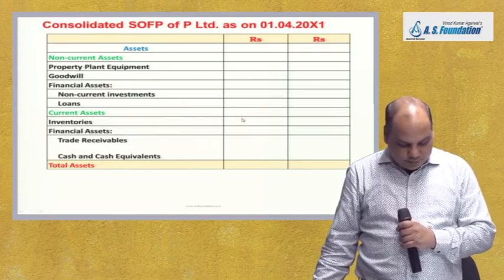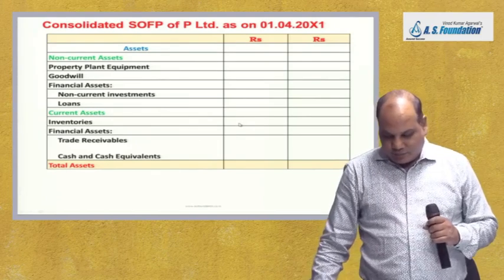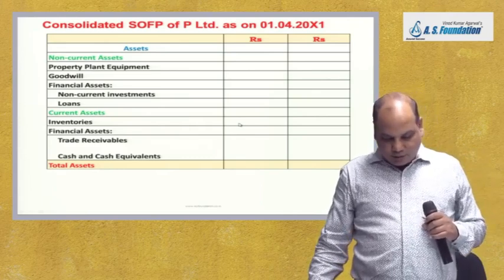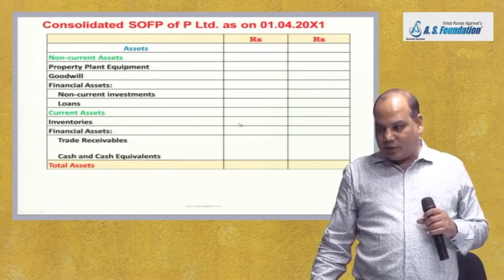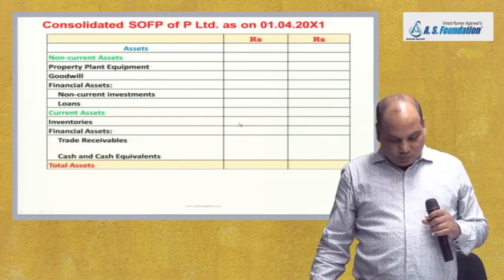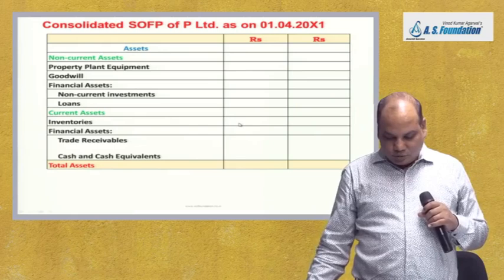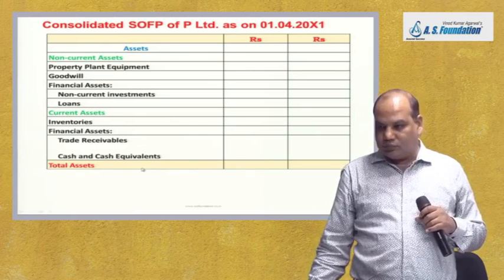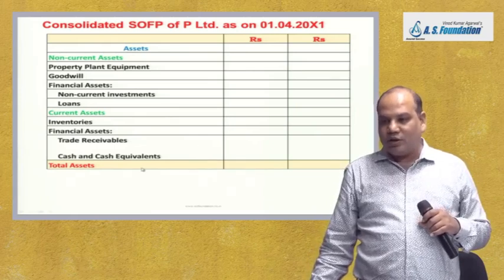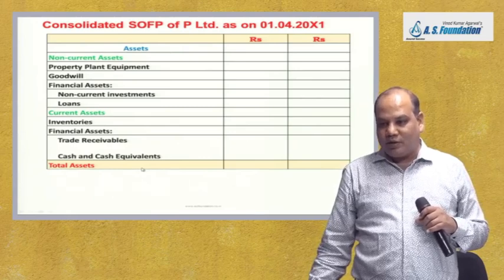Current asset, inventories, financial asset, trade receivable, cash and cash equivalent, total asset. This is only the asset side. One line blank.